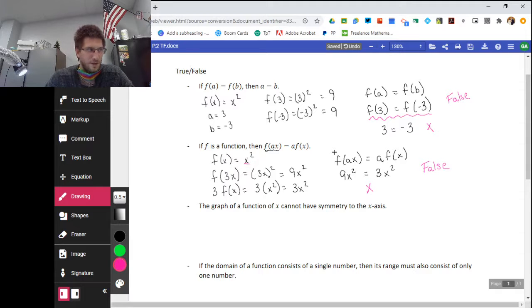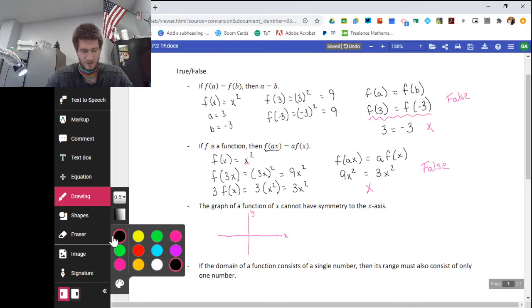So let's look at the third one. The graph of a function of x cannot have symmetry to the x-axis. So we have our axes here, this is our x and our y, and they're saying if it's a function, it cannot have x-axis symmetry.